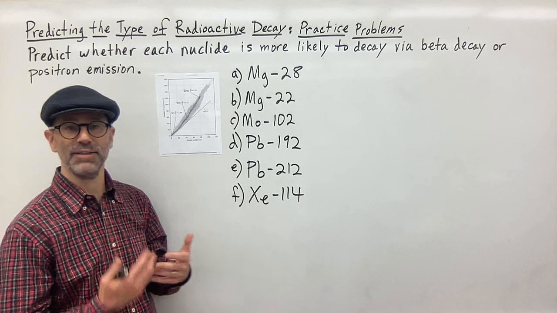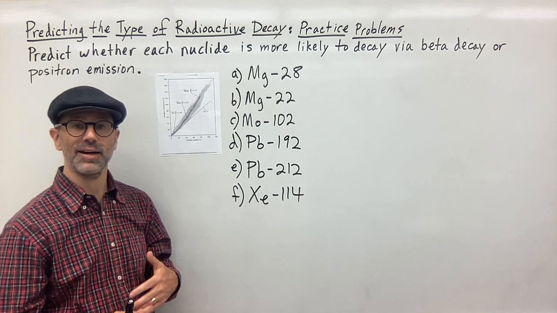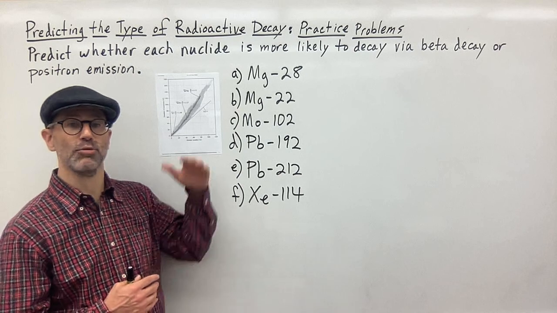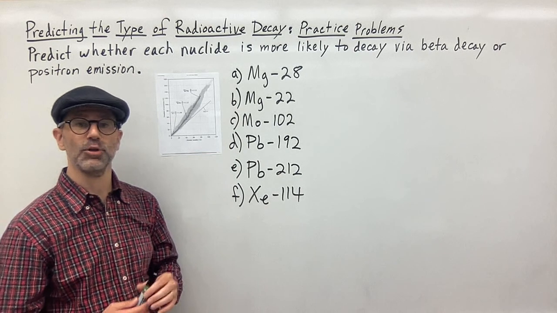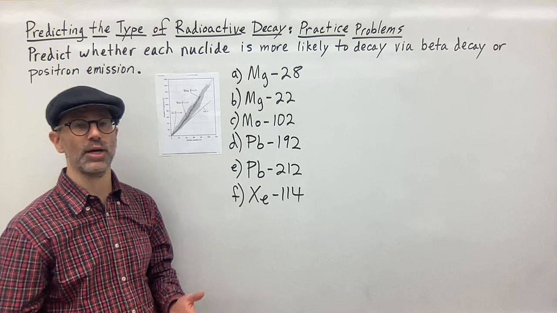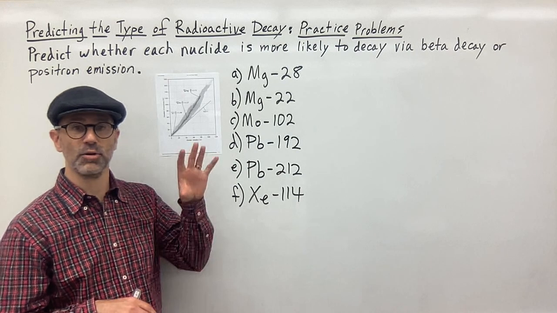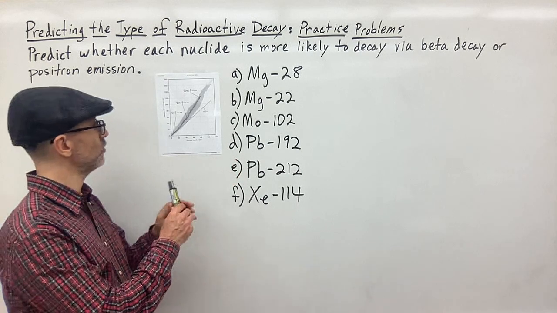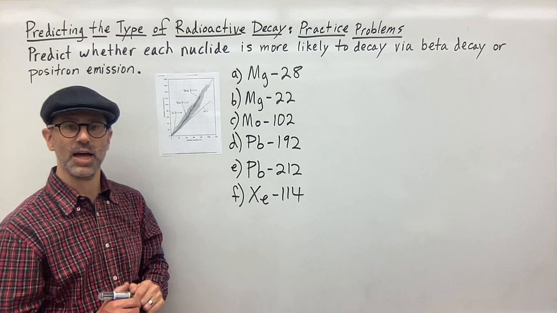If it doesn't have that ratio, if it's too high or too low, it's going to undergo a decay. And which decay it undergoes depends on if you've got too high of a ratio and you need to bring it down, or if you have too low of a ratio and you need to bring it up. It all has to do with the number of protons versus the number of neutrons. And this is what the band or valley of stability tells us.